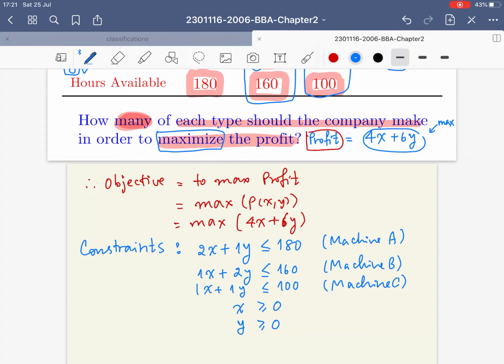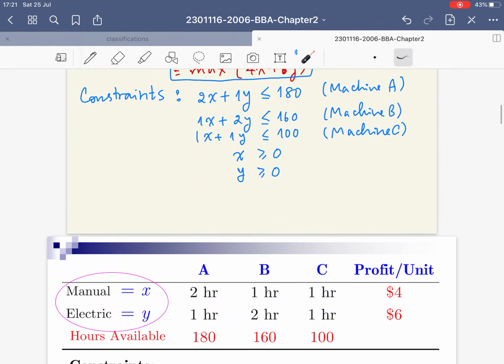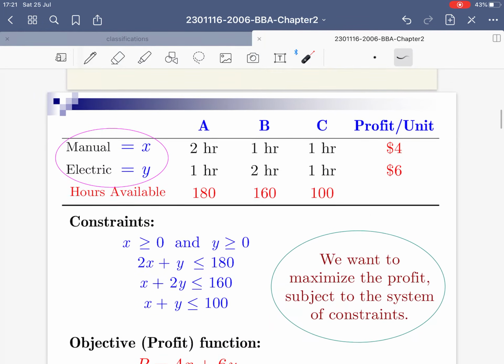So you are going to find the maximum of this two-variable function subject to these 5 constraints. And how are we going to do that?